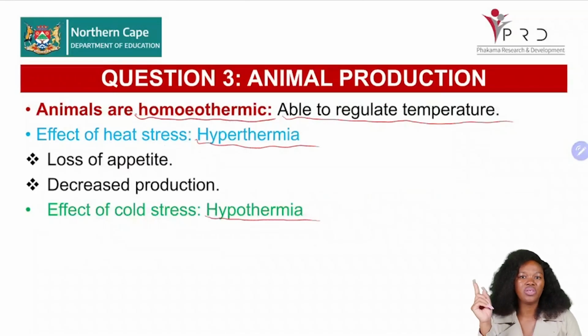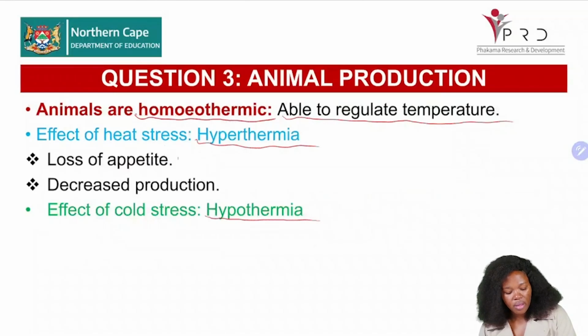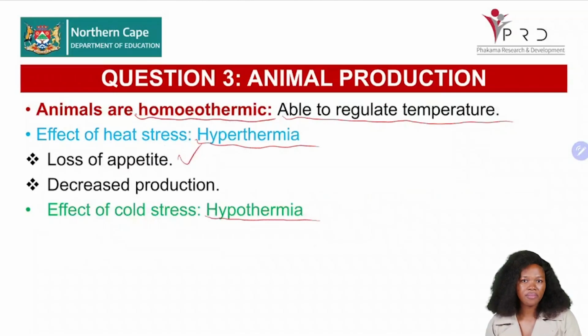Now, animals under hyperthermia will face the following. Firstly, loss of appetite. They will not be able to eat. As a result, fewer nutrients will go towards production. Decreased production will result.